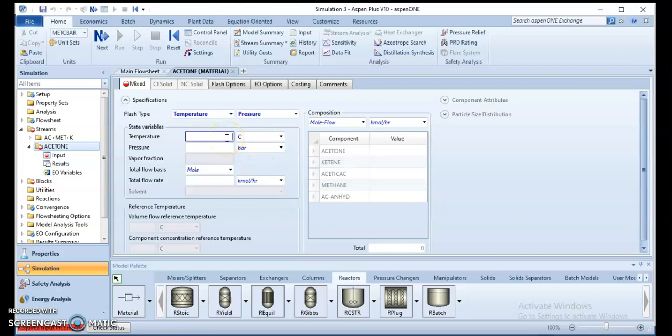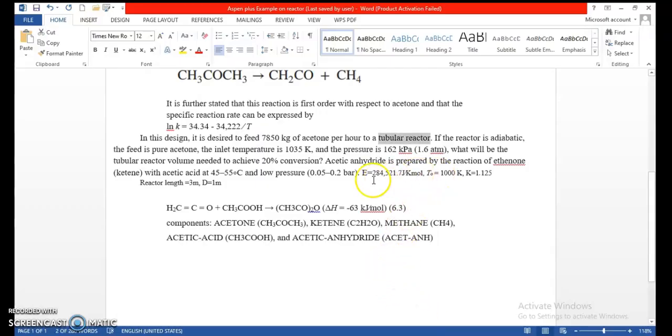We are told that the input temperature is 1035 Kelvin. Here we can see that the input temperature is 1035, and the pressure is 1.6 atmosphere, and the pure acetone is introduced as a feed.